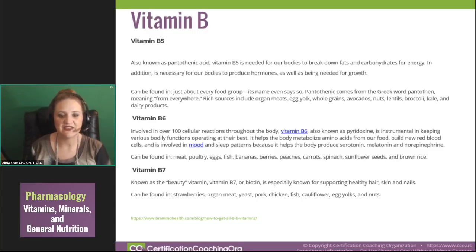Vitamin B6. Now, this is one you're probably familiar with. It is a vitamin that really is instrumental in keeping the body functions working at their peak level. It helps our body metabolize amino acids, and we need that for our red blood cells to be developed. Mood and sleep disorders are definitely affected by B6.